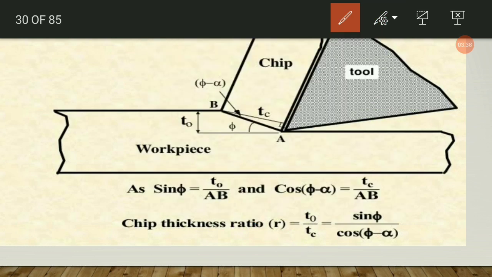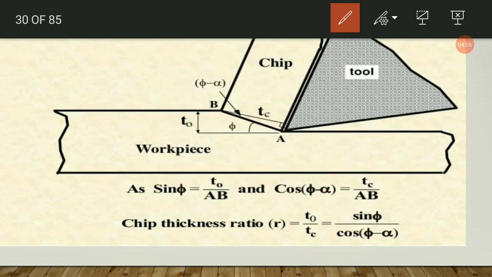Next, if you consider cos of phi minus alpha, this angle. Okay. This is your perpendicular, so it will be base by hypotenuse. Now look, base is this one, Tc. So Tc is the base by hypotenuse, which is the common one, that is AB. So AB is the hypotenuse which is common for both sin phi and cos of phi minus alpha as well.